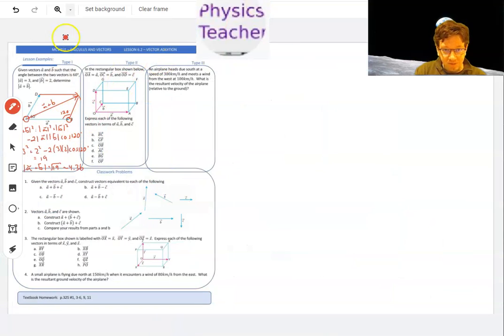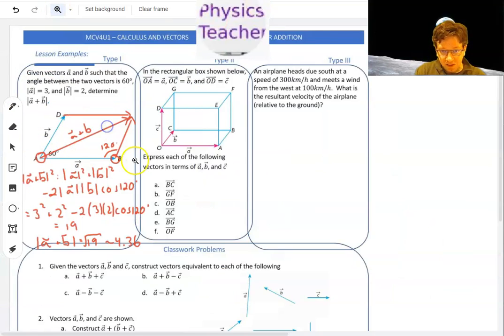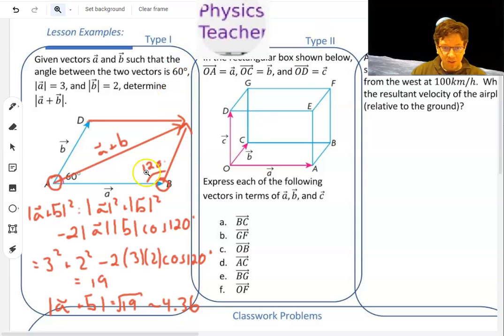Let me zoom in again. So we created our parallelogram by connecting the two tails of A and B, and then drawing equal vectors, and then connecting both tails to both tips.